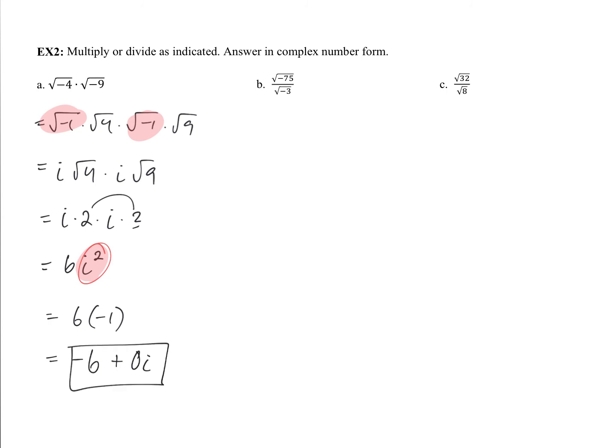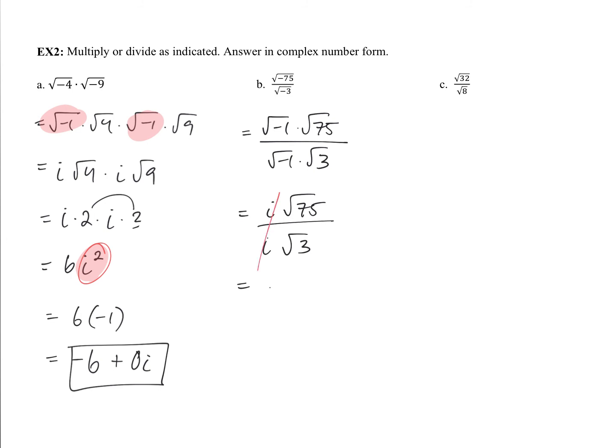Okay, let's take a look at the next one. Once again, we see those negatives in the radicals, which means we should simplify. So that'll be root negative 1 times root 75 over root negative 1 times root 3. And that'll be i root 75 divided by i root 3. Now i divided by i, those simplify out, and we're just left with root 75 divided by root 3.